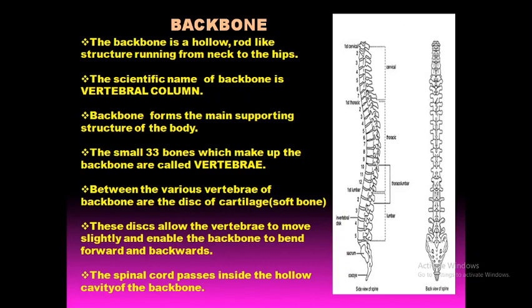You can imagine the situation: had our backbone been constructed of only one bone, we wouldn't have been able to bend down or lean backward. This is possible due to the 33 different bones which form the entire structure of the backbone. The spinal cord passes inside the hollow cavity of the backbone.